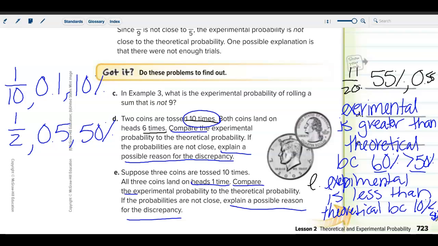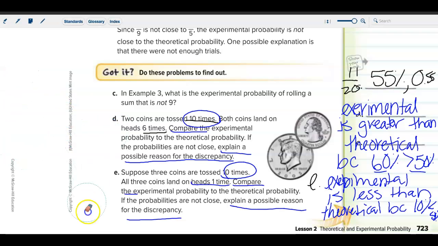Okay, then to explain the possible reason for discrepancy, one, we only conducted the experiment 10 times. Another reason is because you have less of a chance of landing on heads on the same toss with all 3 coins. Okay, because the number of coins you increase, the fewer and fewer chances you're going to have that all 3 are going to be the exact same.